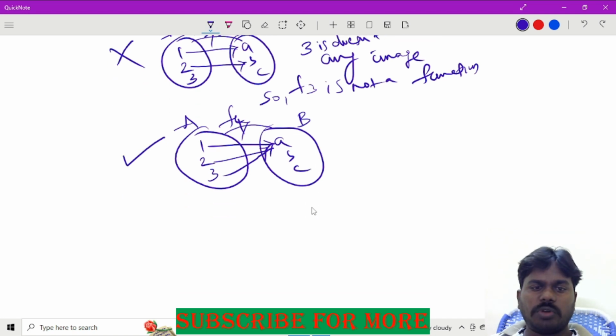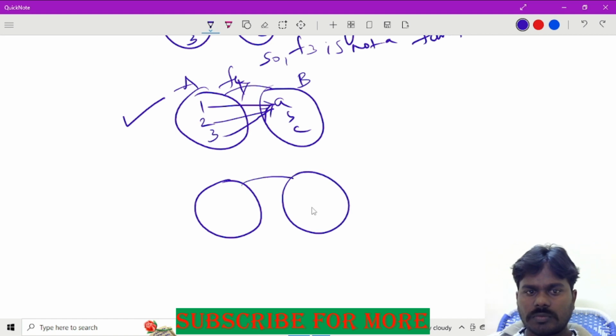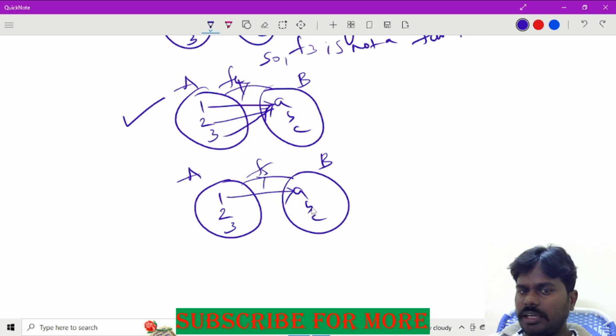Okay. One more example. A, B. 1, 2, 3, a, b, c. Now what I am doing is mapping 1 with a and 1 with b also, and next 2 with c, 3 with b.